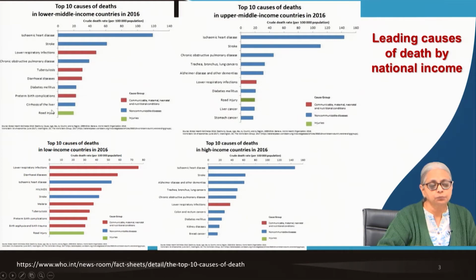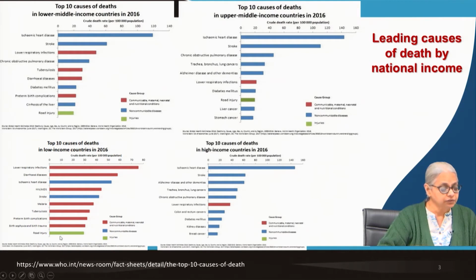So you can see that most of these diseases which are causing deaths in low income and middle income countries are all because of pathogenic microorganisms. These are extremely important causes of death which can be controlled with appropriate infrastructure, with appropriate medical care and health awareness and education.